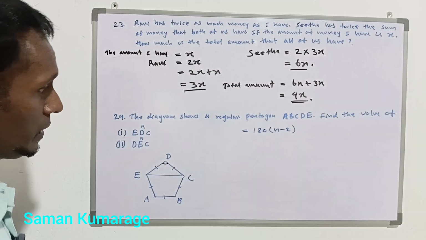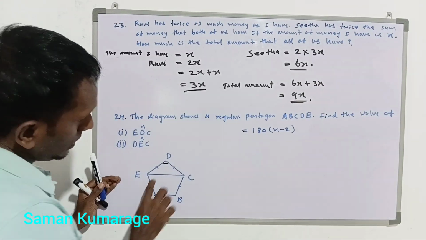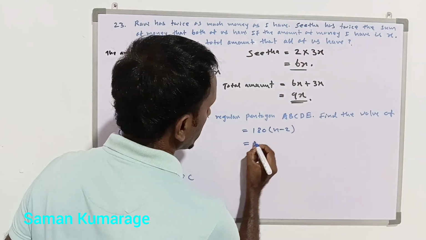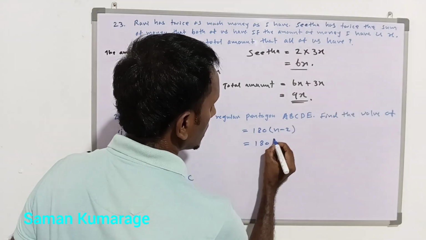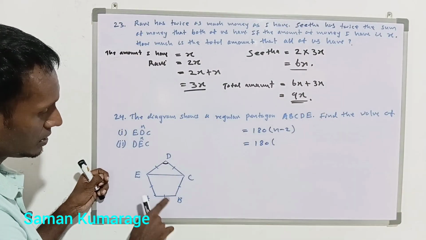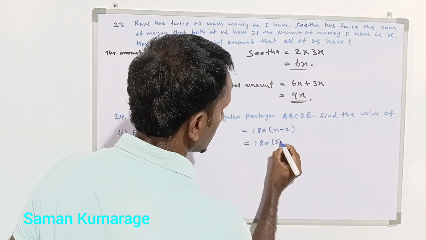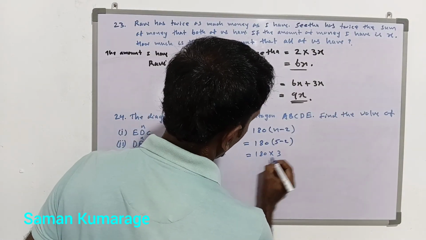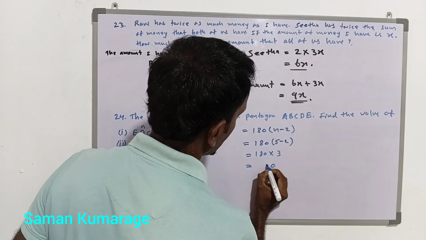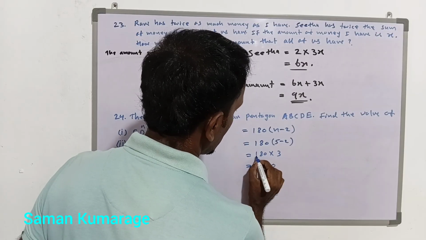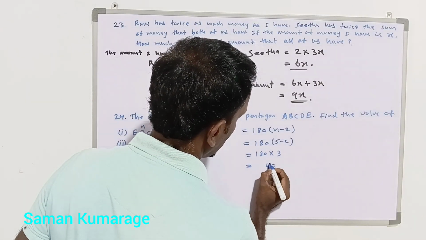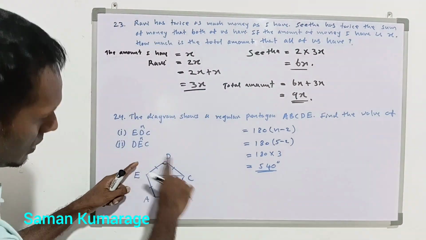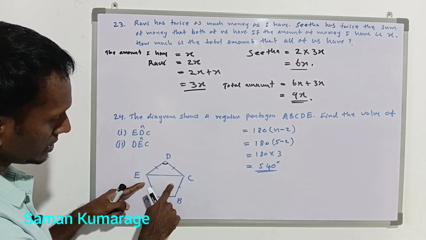Through this formula we can find the sum of all 5 interior angles. Here n means the number of sides. We have 5 sides, minus 2, then 180 times 3, it will be 540 degrees, the sum of all 5 angles.